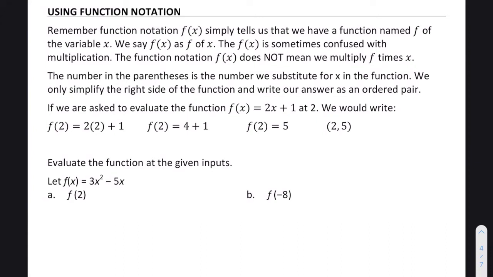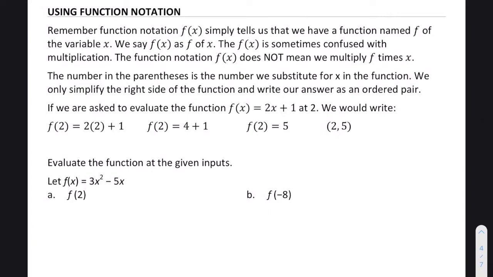It's simply a notation that's telling us that we have a function. The important thing is the number in the parentheses is the number that we're going to substitute for x in the function. So if we want to evaluate a function at a specific number, we would put that number inside the parentheses where it says f of x, and then we would also substitute that number in the function on the right-hand side of the equal sign.